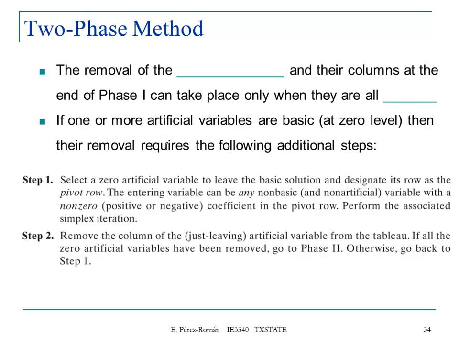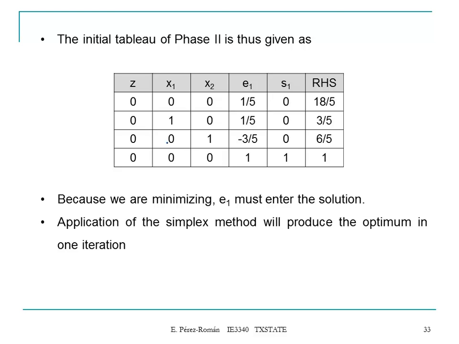I don't have the actual solution for the problem here, I think it's a tableau. But if you perform one more iteration, you will see that the optimal solution is the same that we found for the M method. So after one iteration, you will find the optimal solution. But again, it's just applying the simplex method to this tableau.